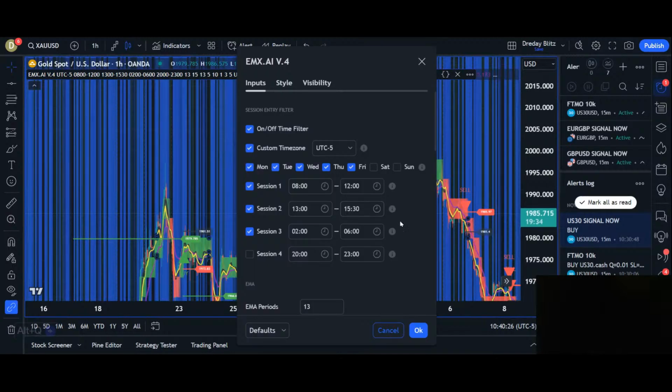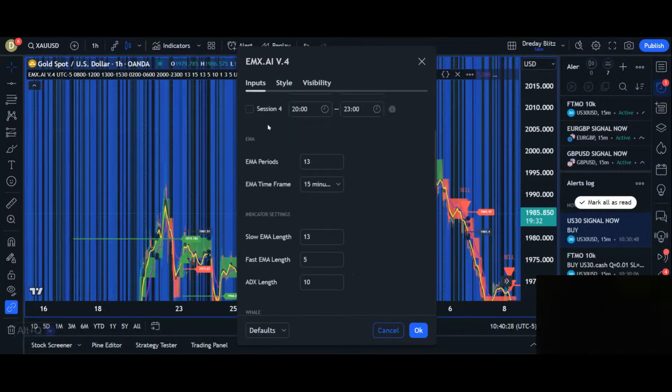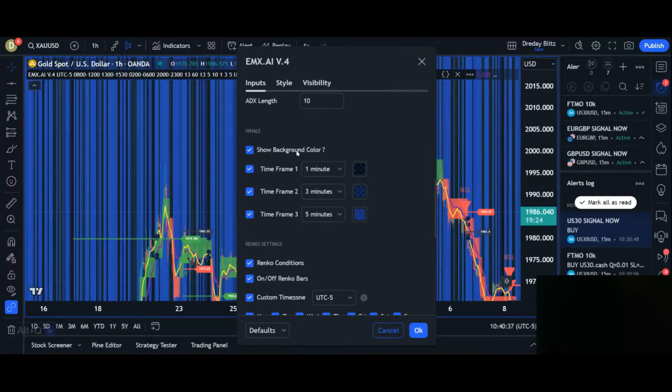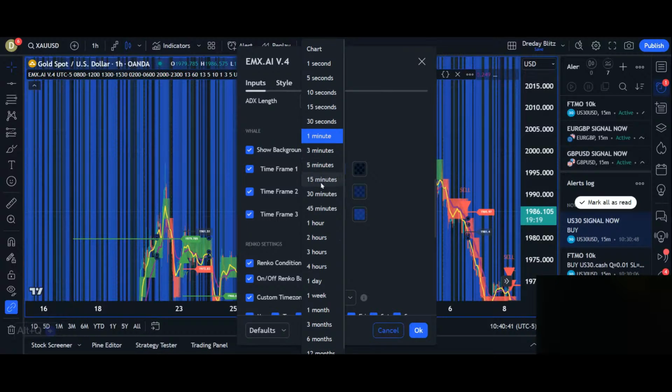So for the 1 hour settings, you make sure that the EMA time frame is at 1 hour. And for the entries, always the 3 previous time frames before the 1 hour chart that you're trading off.